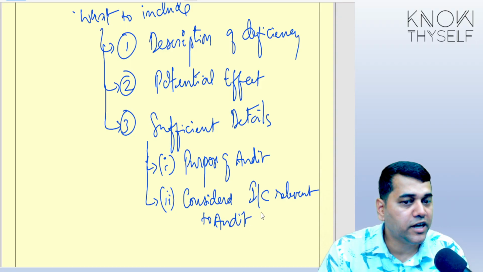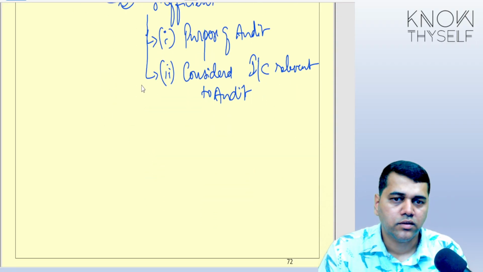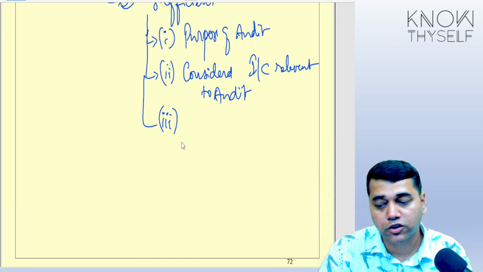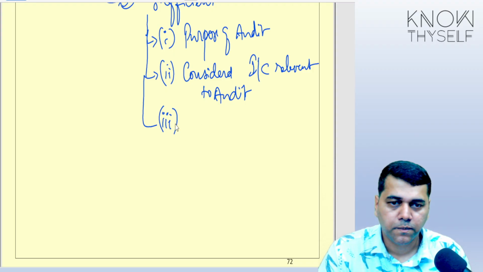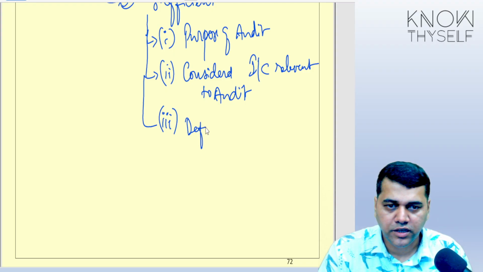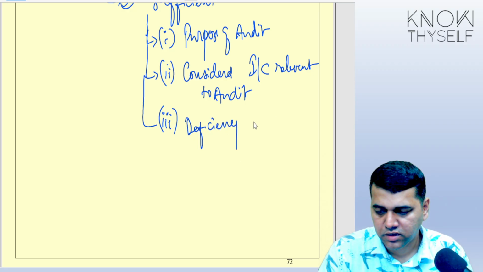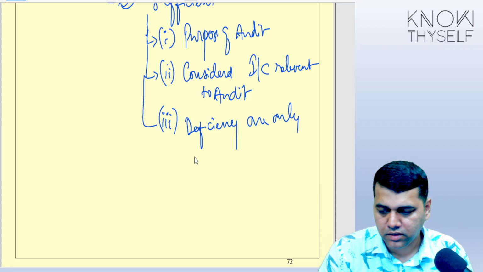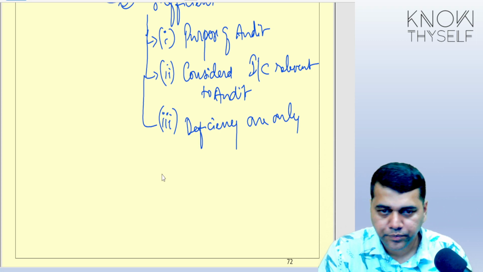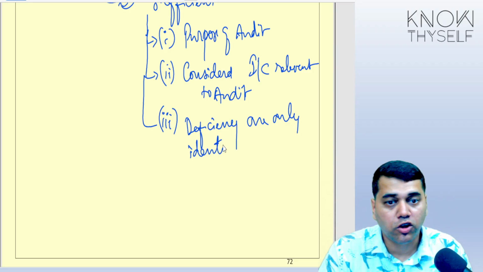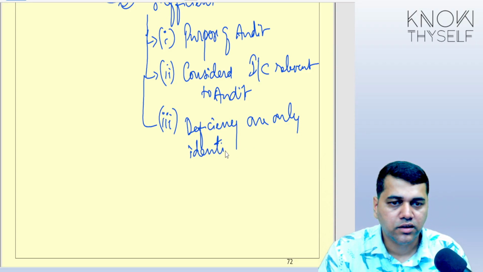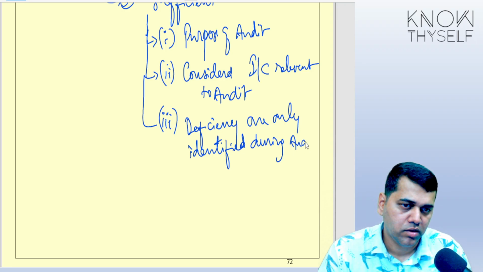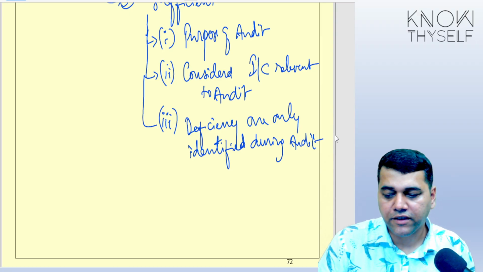That means I have not considered every internal control, and it is not an expression of opinion on the internal control. Deficiencies are only those identified during the audit, not all deficiencies. We are not going to tell that every deficiency.